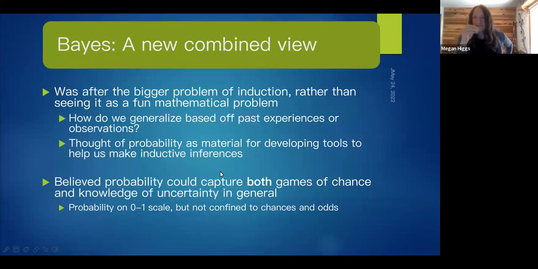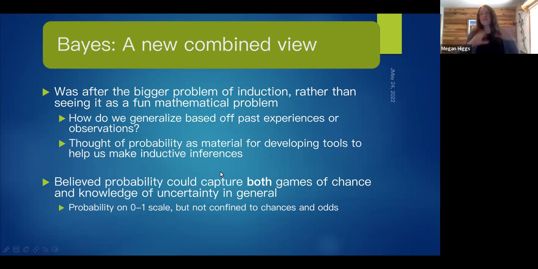So Bayes' combined view, the one thing I want to point out here is that Bayes wasn't just after mathematical exercises or games of chance. What he was after was actually the bigger problem of induction. Like, how do we generalize off past experiences or observations? And he thought that probability was material that you could use to develop tools to help us make inductive inferences.